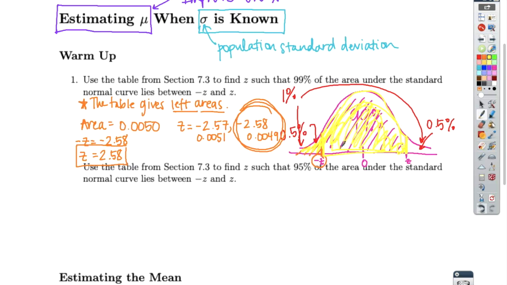All this is 99% plus this additional 0.5%. So in other words, the area would be 0.9950. 99.5% of the curve is to the left of this z value. Remember, only that remaining 0.5% is to the right.